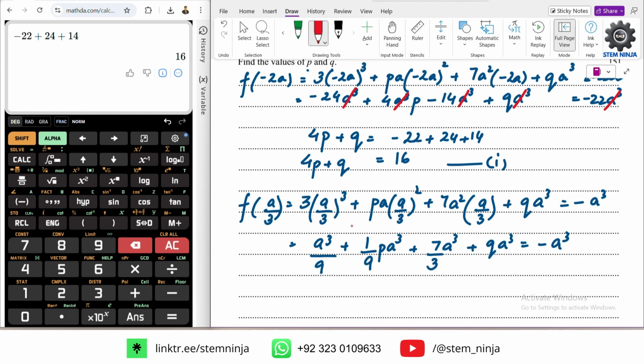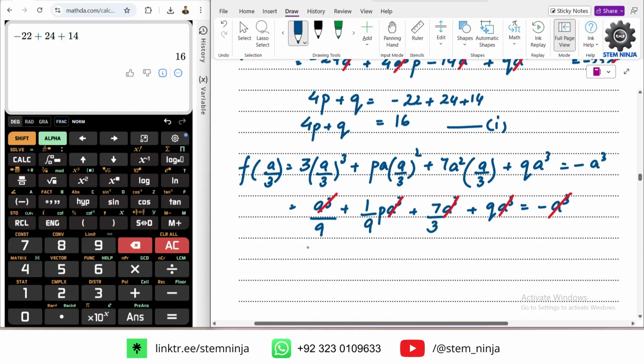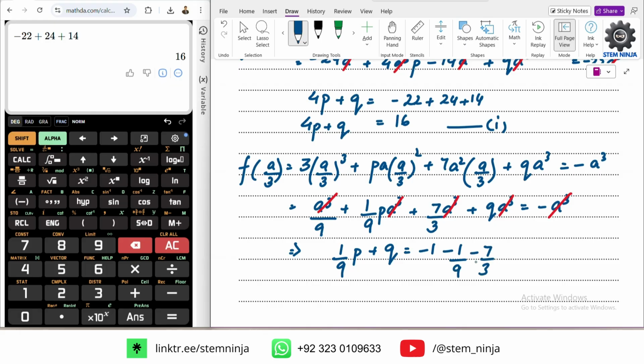Once again, we need to cancel out the a cubed because this is a common factor on both sides. So you get 1 over 9 p plus q is equal to minus 1 over 9 minus 7 over 3. Right?